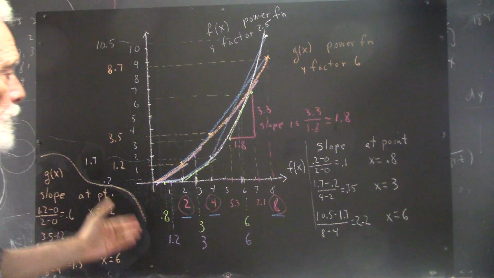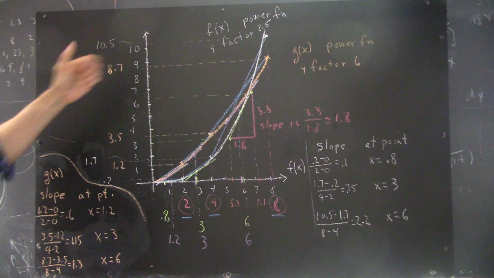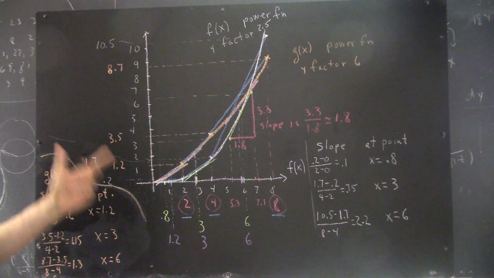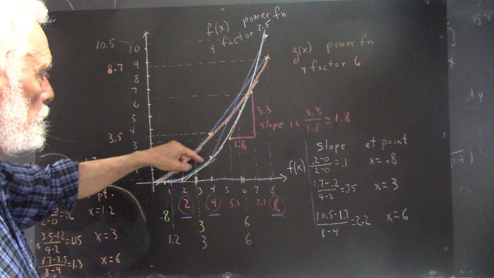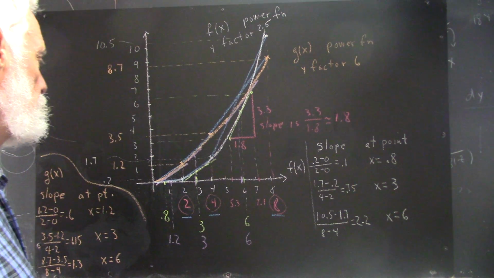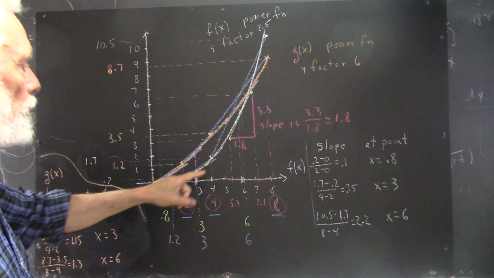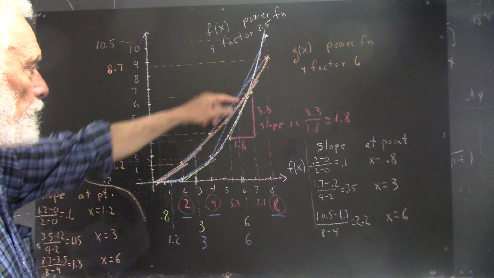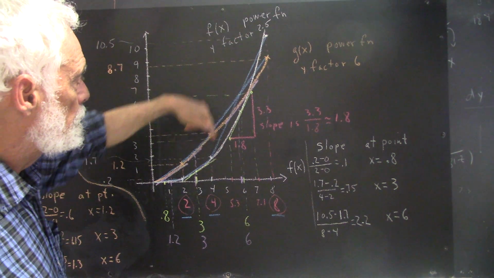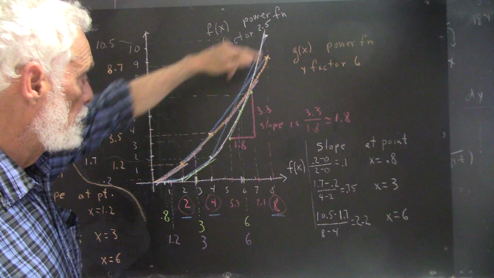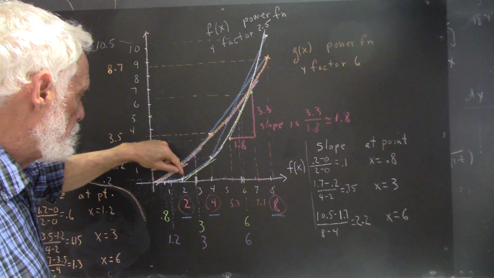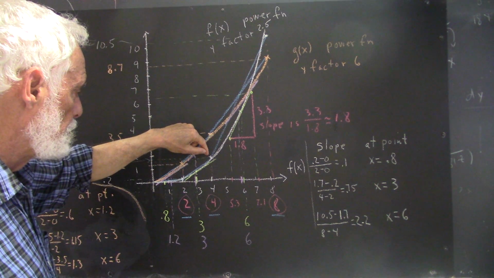In any case, we can take the numbers that we now have and calculate the slopes, in this case, of all the blue line segments, which should be equal to the slopes of the tangent lines. That is, this tangent line should have the same slope as this blue segment. This tangent line should have the same slope as this blue segment.